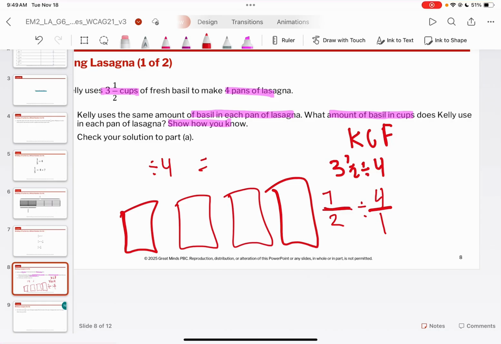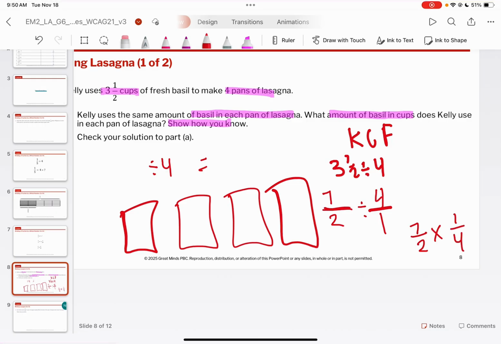So I need to rewrite my problem again, right? I'm keeping 7/2. I am changing division to what operation? And when I change my operations, I have to flip the number behind it. So 4 over 1 turns into what number? 1/4.